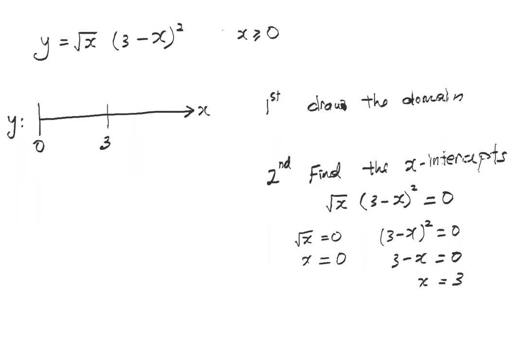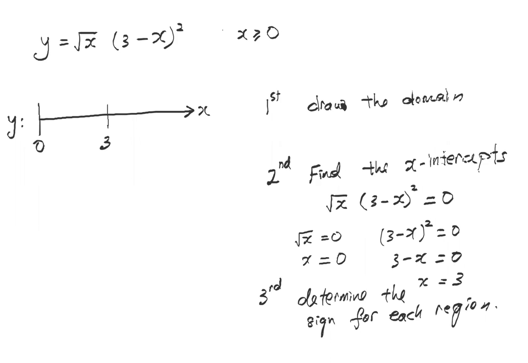Now, how am I going to determine the sign? Third step: determine the sign for each region. There are how many regions here? The x-axis is divided by the x-intercepts into 2 regions. So the first region is x between 0 and 3.